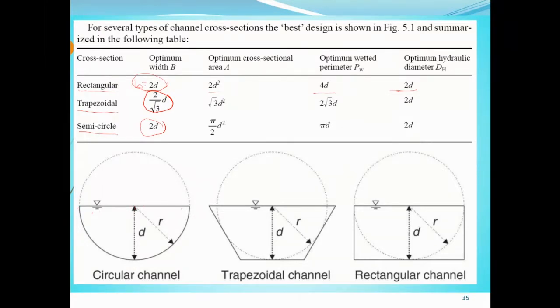So this is the depth, and the width is going to be the diameter, which is 2 times the depth. For trapezium, the width is 2 over root 3 d. And for rectangle, the width is 2d.